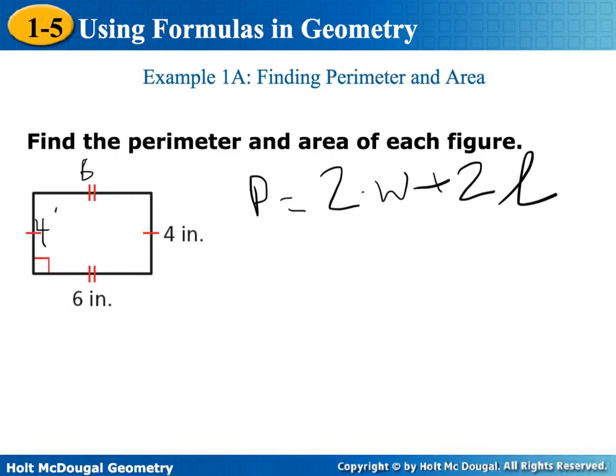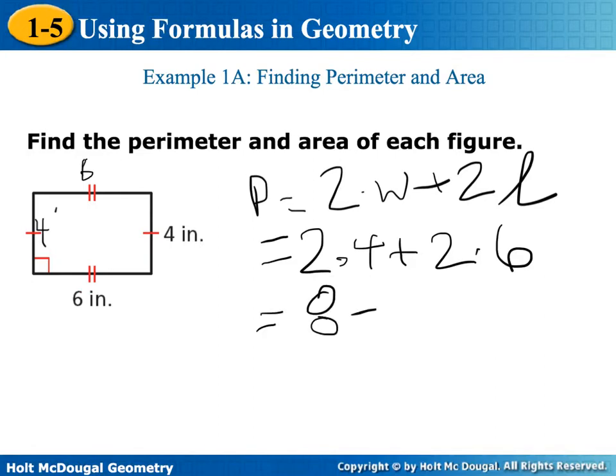So now I've got 2 times 4 plus 2 times 6. We have 8 plus 12, so we have 20. Don't forget our units. So the perimeter is 20 inches.